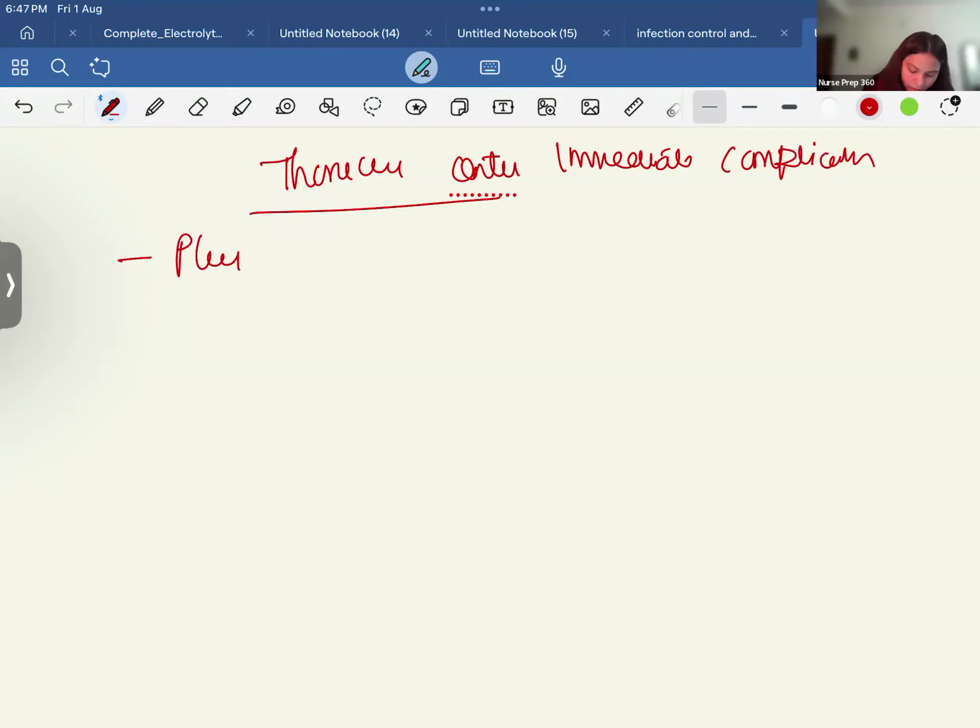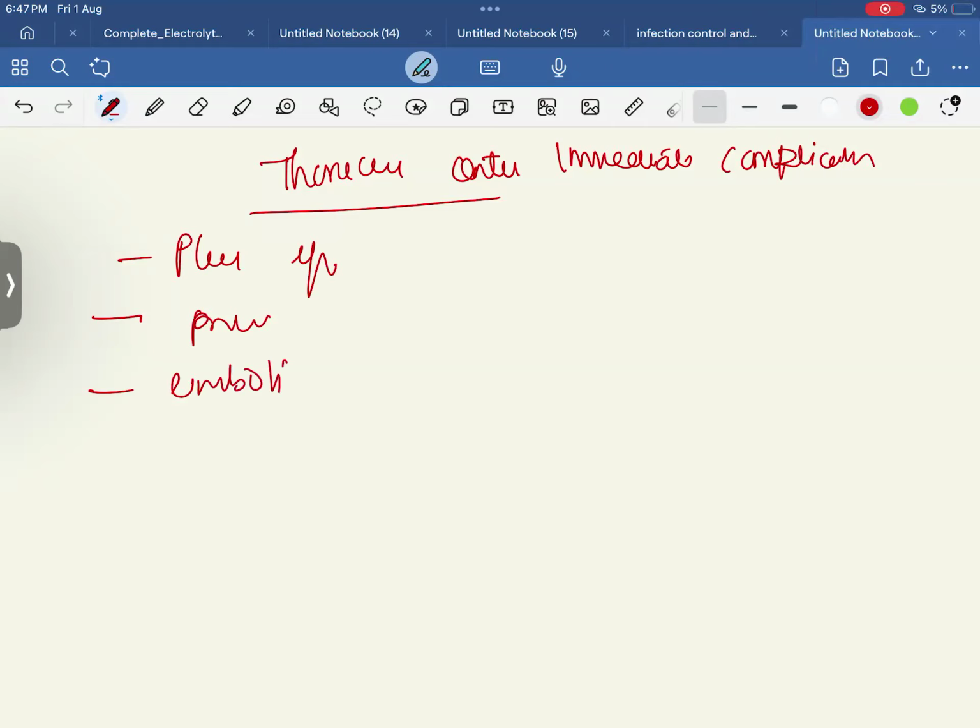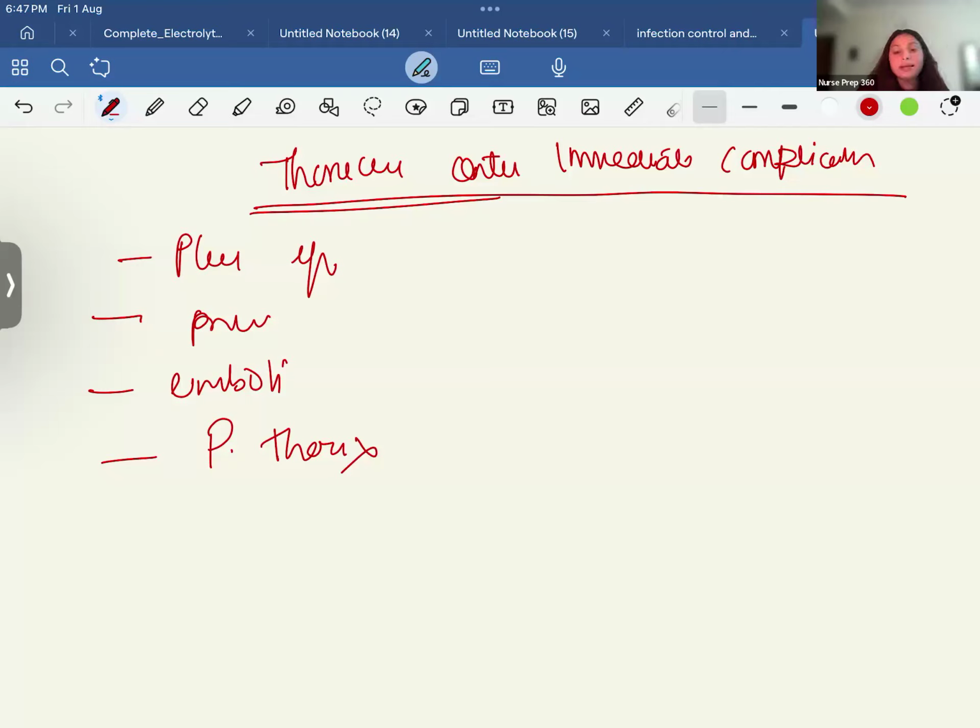Pleural effusion. Pneumonia. Pulmonary emboli. Or pneumothorax. Thoracocentesis, immediate complication: pleural effusion, pneumonia, pulmonary emboli, pneumothorax.